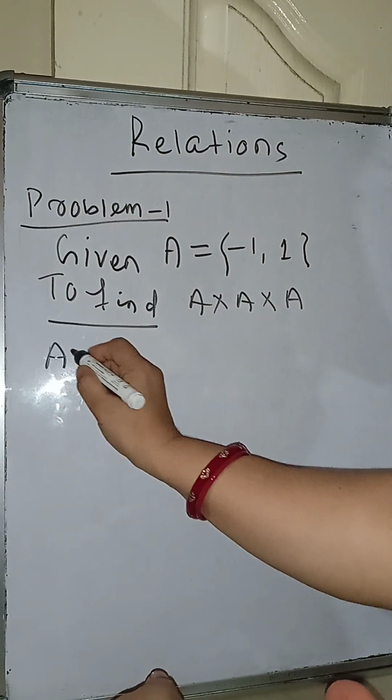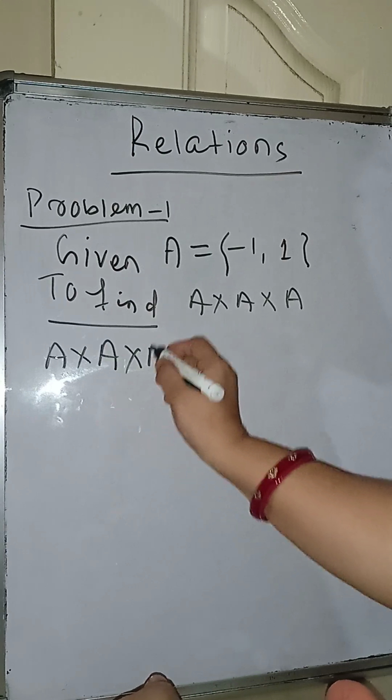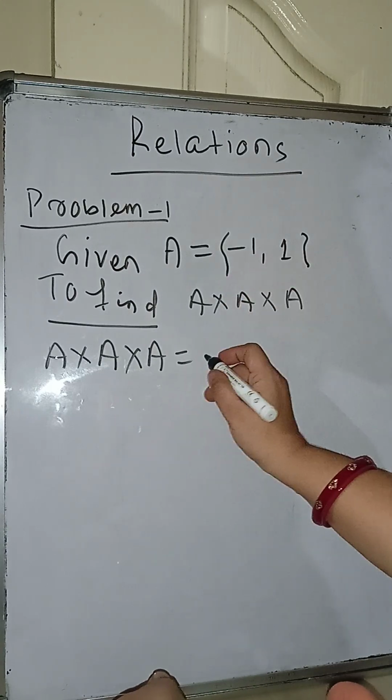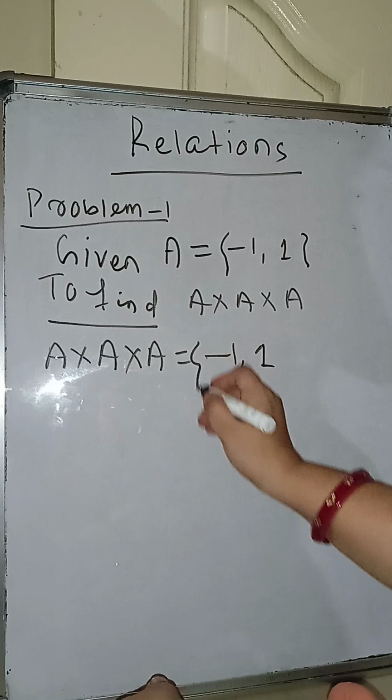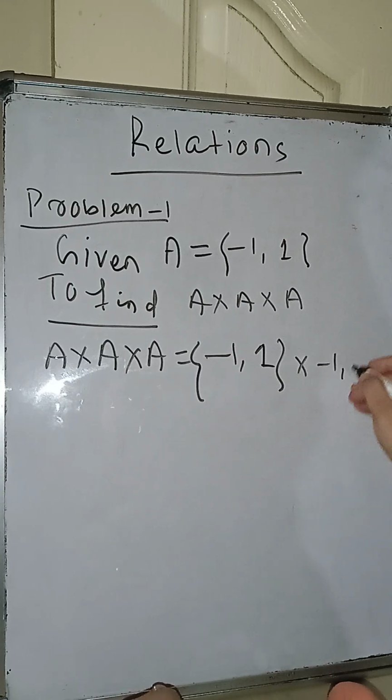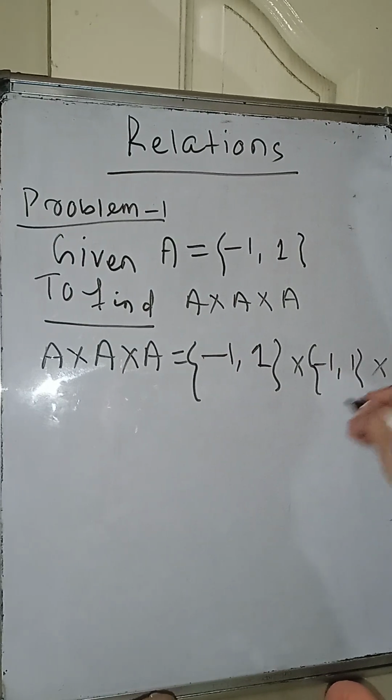A cross A cross A, the elements are minus 1, 1 into minus 1, 1 into minus 1, 1.